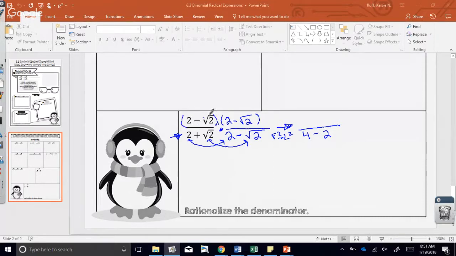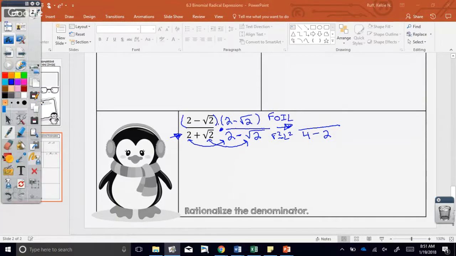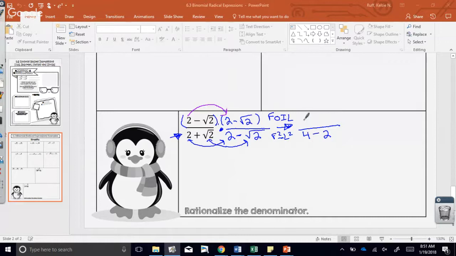Since we're multiplying a binomial by a binomial, we're actually going to have to go through the entire numerator. Okay, so I'm going to start with 2 times 2, 4. And 2 times negative root 2 is negative 2 root 2.